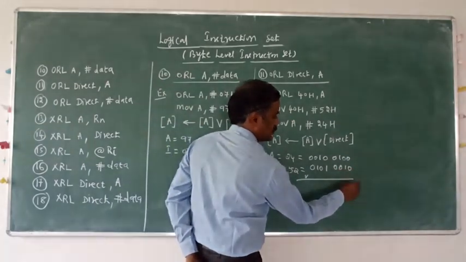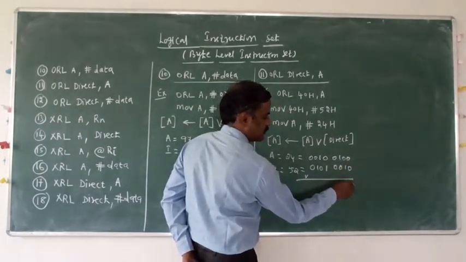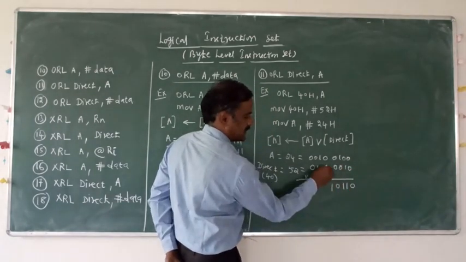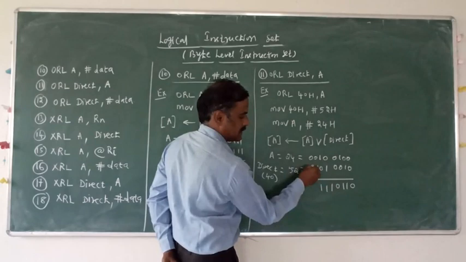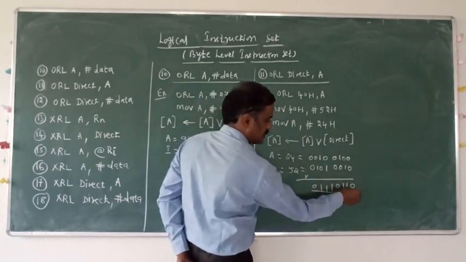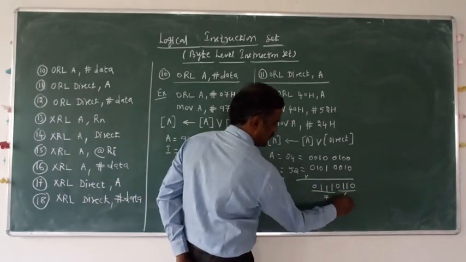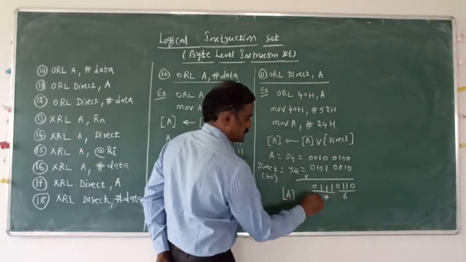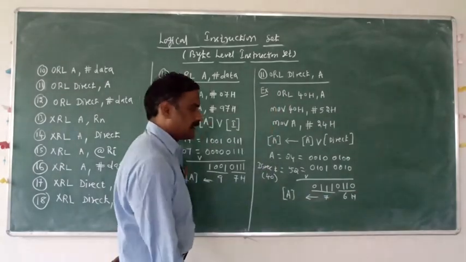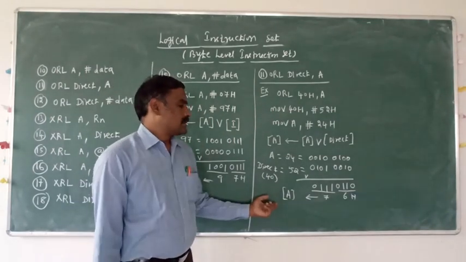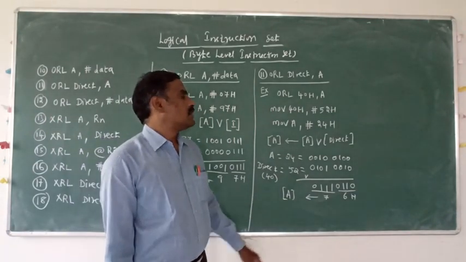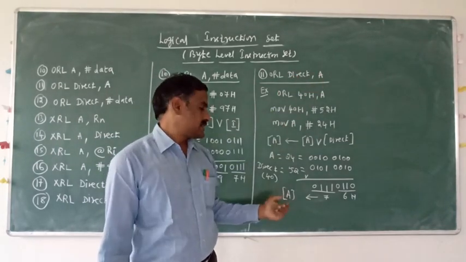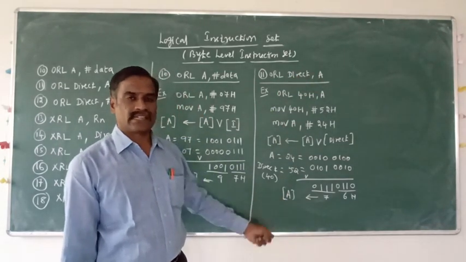Both 0 means 0, any one condition 1 means output is 1. Now the result, this is for 7 and this is for 6. This result moves to the A register. Logically OR the direct memory address location data with the accumulator and the result always moves to the accumulator.